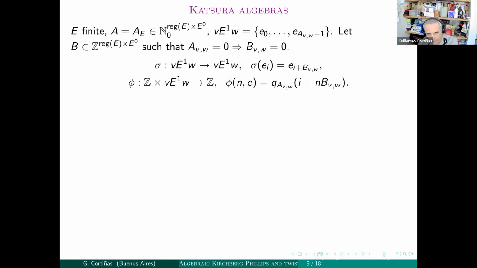So you get i plus n B_w, but not modulo A, you do this in Z. And now you take the quotient of this integer in the division by A_w. That's what the cocycle phi of (n, e) is. This e should have an i there as a subscript, which I omitted.